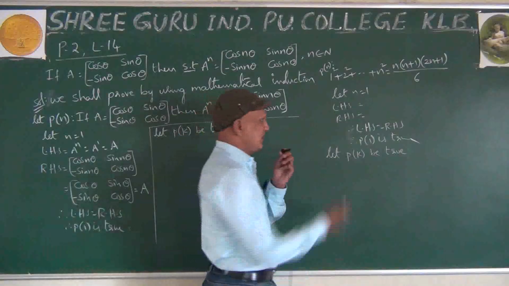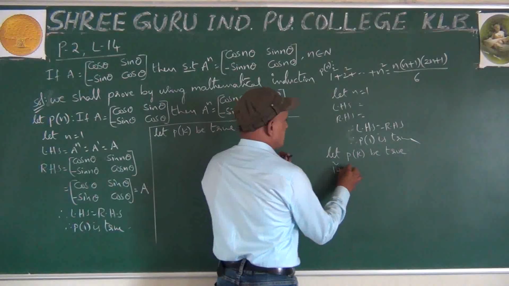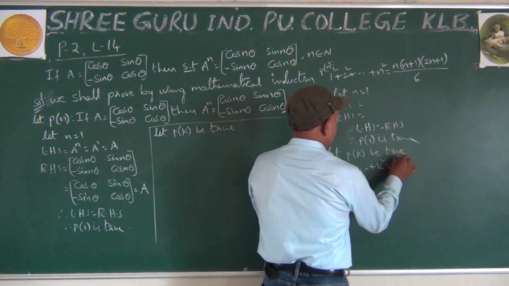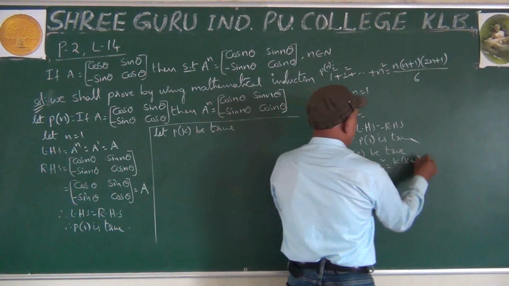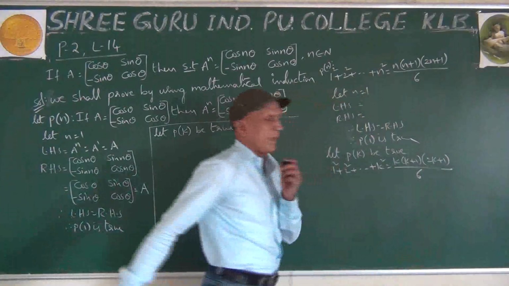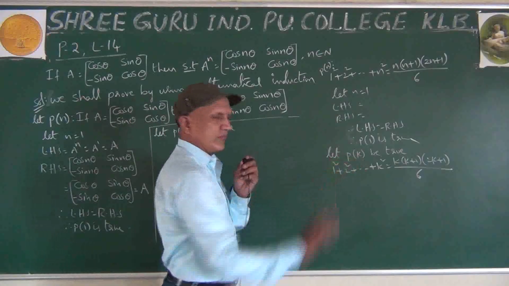Next step, what we do? In place of n, we put k. That's it. 1 square plus 2 square plus dash dash plus k square equals k into k plus 1 into 2k plus 1. In place of n, we put k.